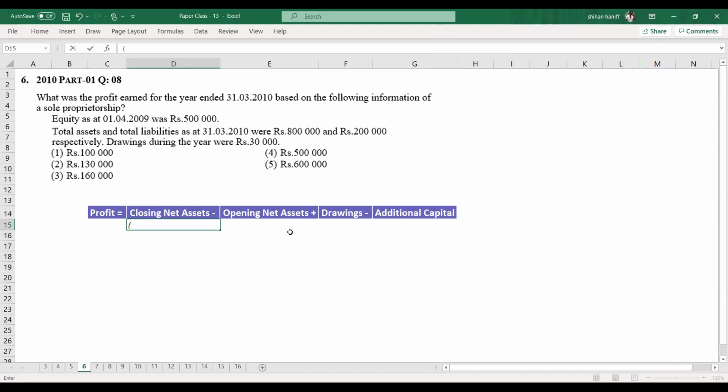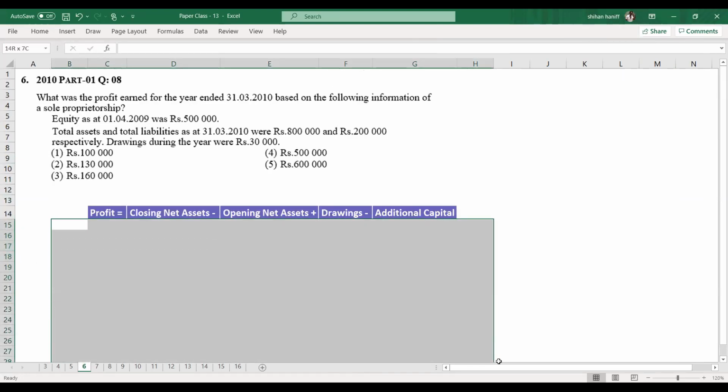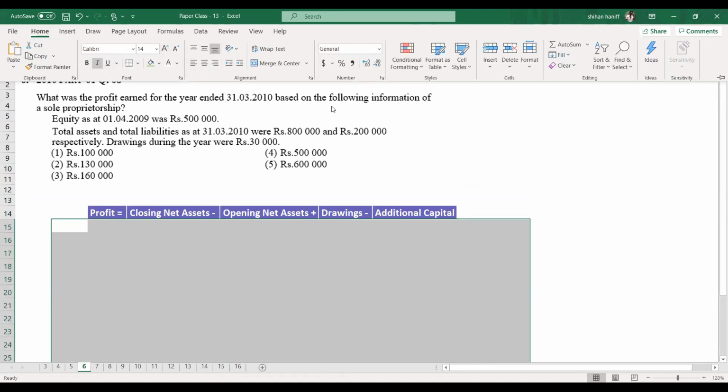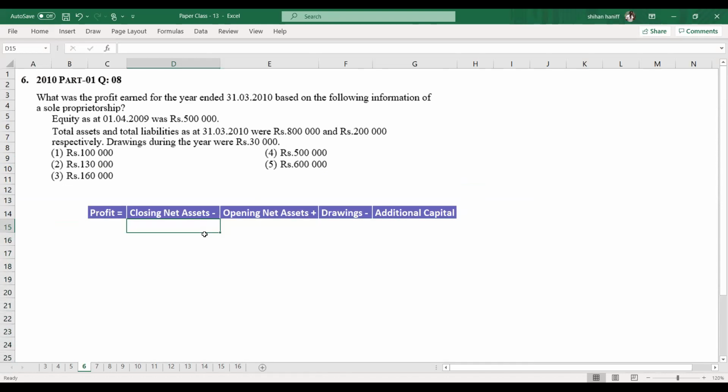Year end total assets were 800. Liabilities were 200 in the year.